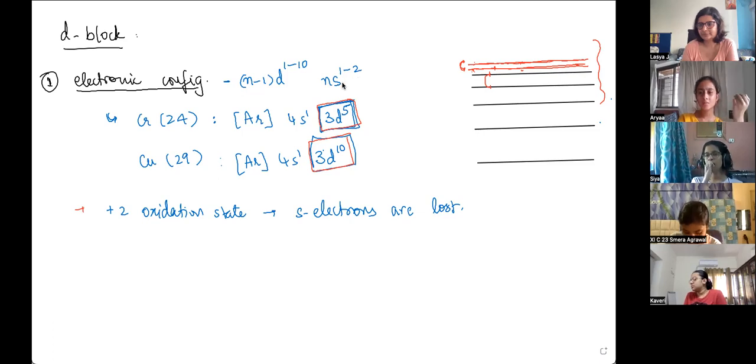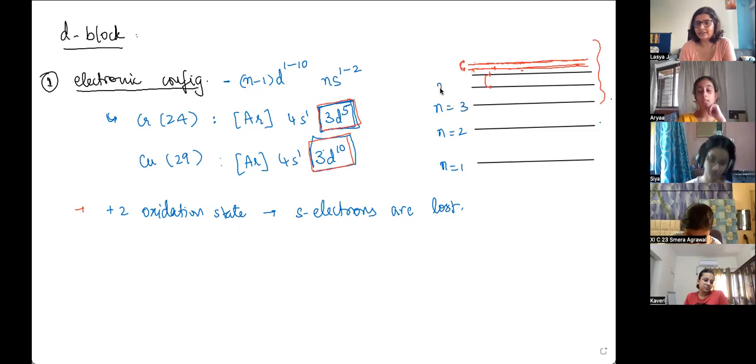But isn't s first, then d? In filling order s comes first, but in existing you always have n equal to 1, n equal to 2, n equal to 3. Oh. The outermost electrons are always removed first, like you go from outside to inside.